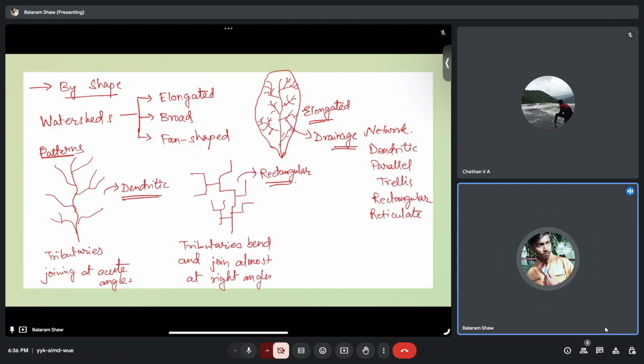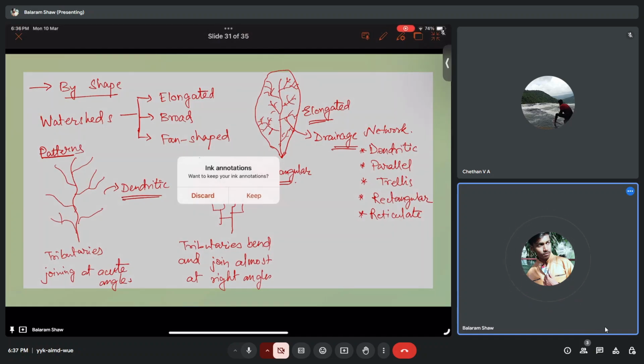Most of the tributaries join at some place, and again it will come back to that point only. So a kind of cycle is there, right? In the reticular type of drainage pattern, most of the tributaries cross together forming a cycle. All these watersheds will have different characteristics, and we'll see that later.